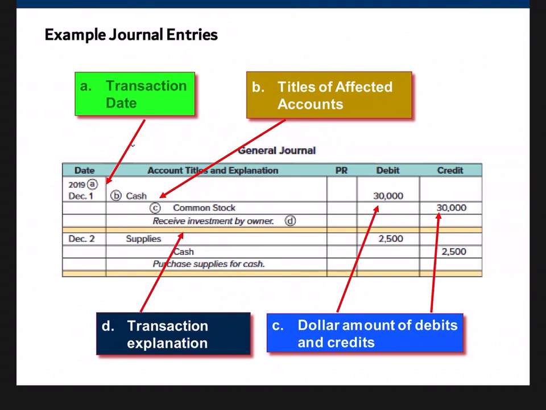So we would still debit supplies for the amount acquired, in this case $2,500, but if we were paying for it on account, instead of crediting cash at that point, we would credit accounts payable for $2,500, increasing the balance in that liability, and then we would reduce cash at the later point when we actually pay the bill.